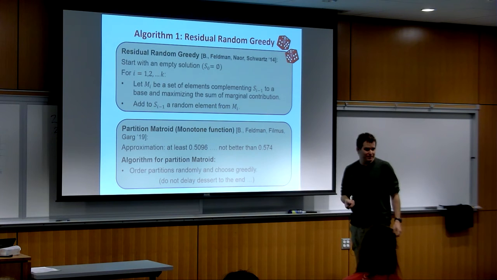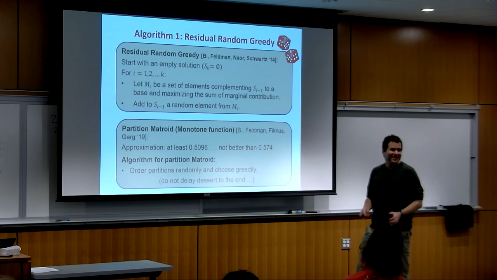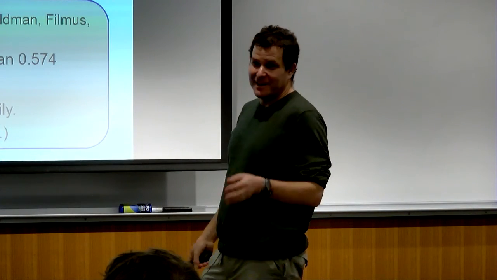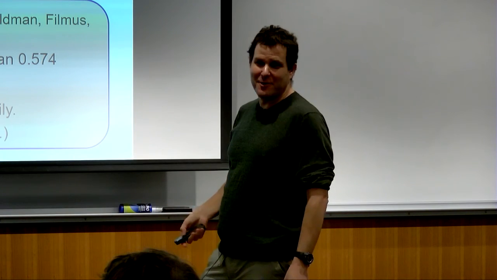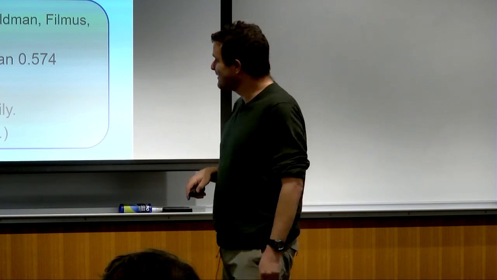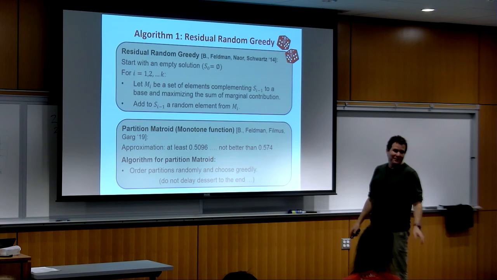The idea here is do not delay dessert to the end. Choose your meal in a random order. If you do this, I promise you that you will get at least 51% of the optimal solution. But there are places where it will not give you better than 57%.